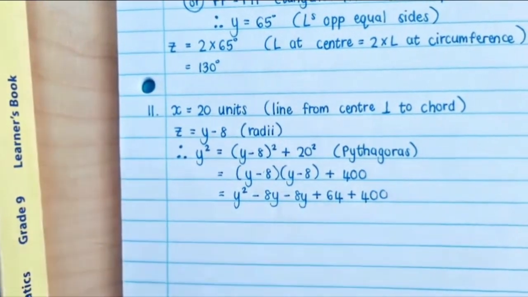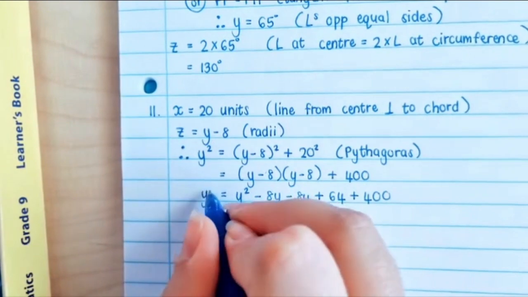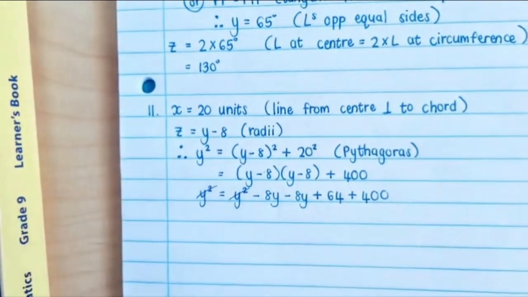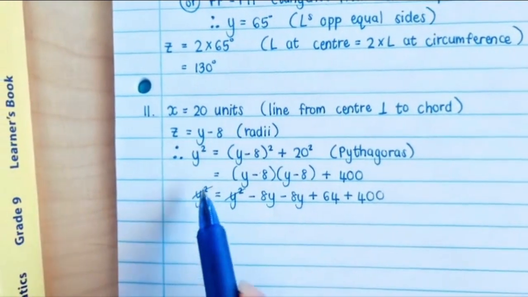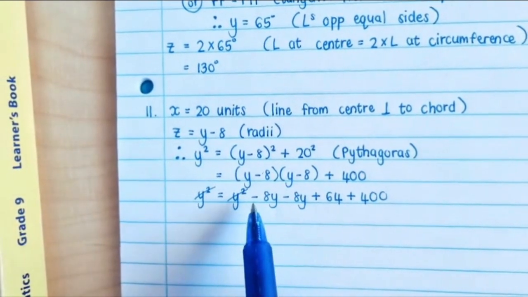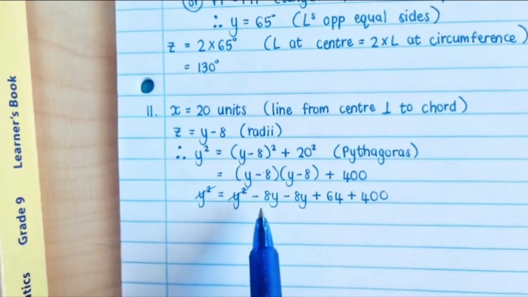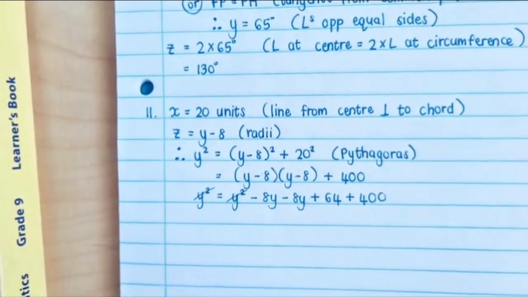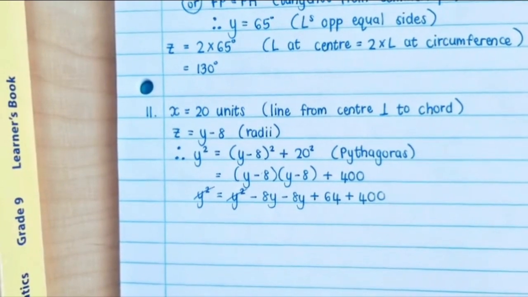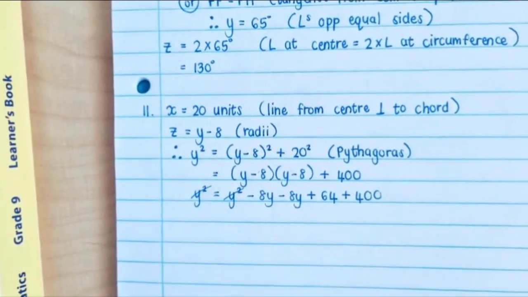Now guys, what's going to happen here is that we have a y squared on both sides, right? Which is actually quite nice because they are going to cancel each other out. Because if I now was to move this y squared over to this side, it's going to become negative y squared. So I'm going to have y squared minus y squared. So that's just going to leave me with 0. So the y squareds actually cancel out in this case, which is really nice.